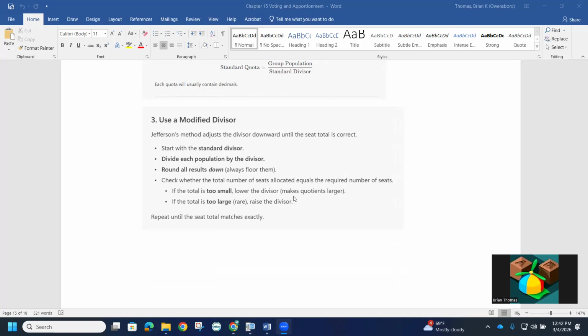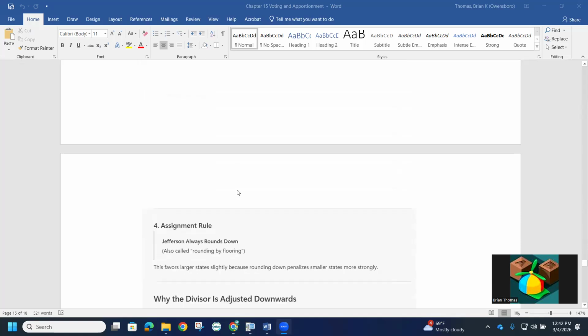Usually, just lowering the divisor a little bit will help us do this. When we lower the divisor, we're really just going to make an educated guess. So we have to keep lowering the divisor until we match the seats exactly. We are lowering it each time as well. There's no rounding up. It's always rounding down.